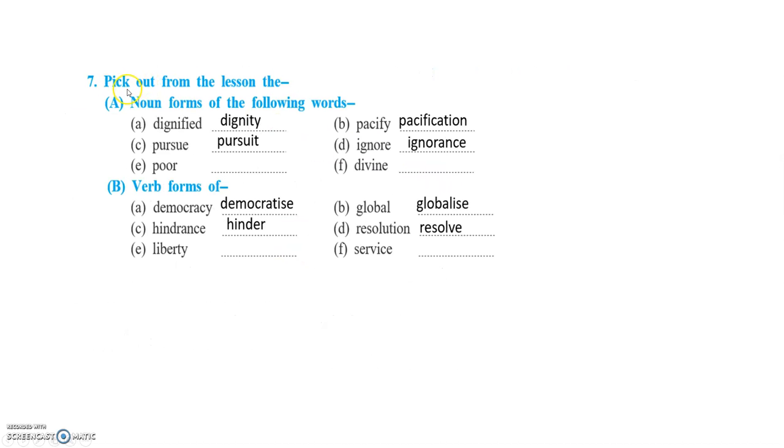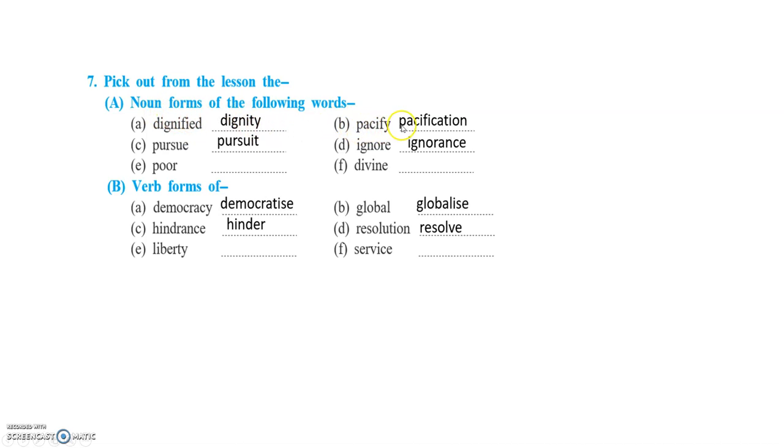Then 7th we have pick out from the lesson the noun form of the following words. Now forming noun, forming verb, we've already taught you in the earlier classes, and the clue also is given to you children. You remember the clue when we form noun, what is the clue? You keep the in your mind, okay? When we say the dignified, it doesn't sound right. You say the dignity, okay?